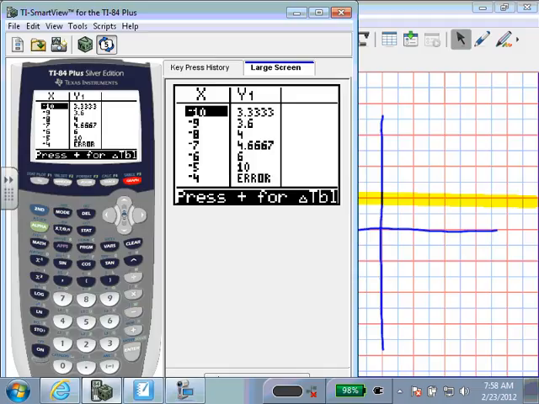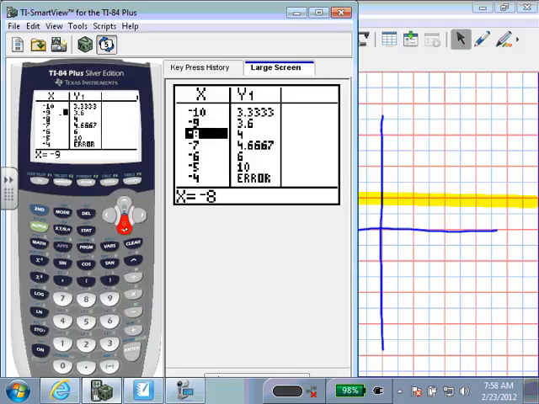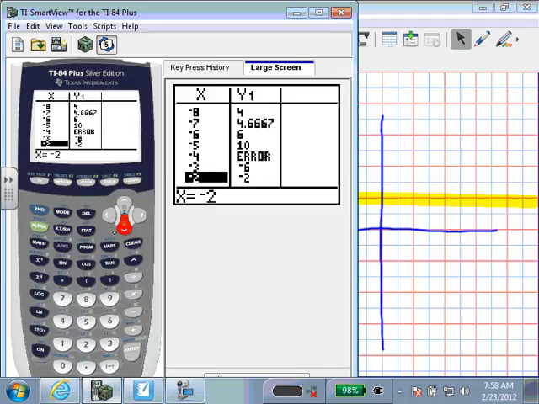My table is showing me negative 10. You can use the up and down arrows to grab some values. I'm seeing the asymptote at negative 4, and I want to pick up a few values on either side of that. Negative 6 is 6, and negative 5 is 10.